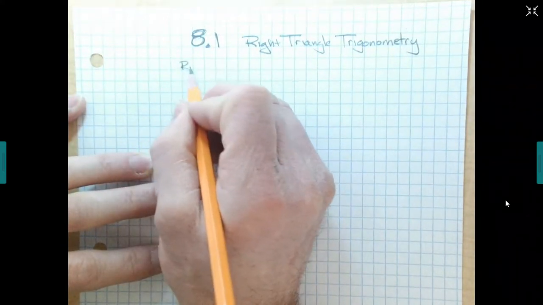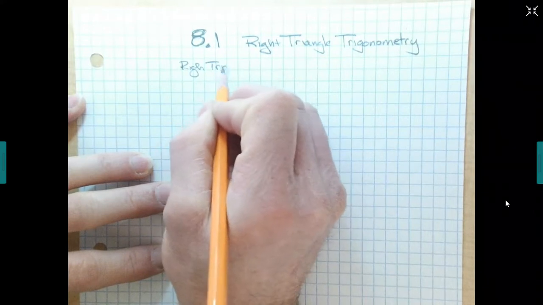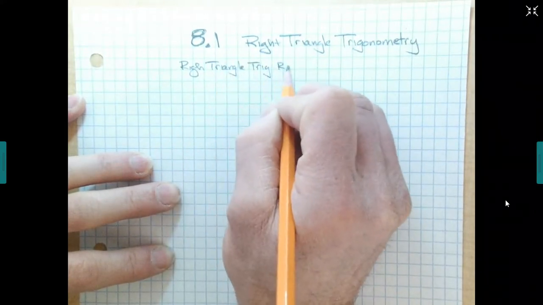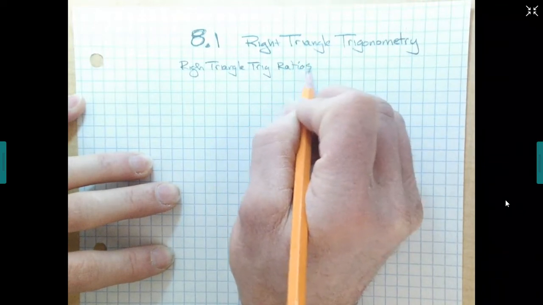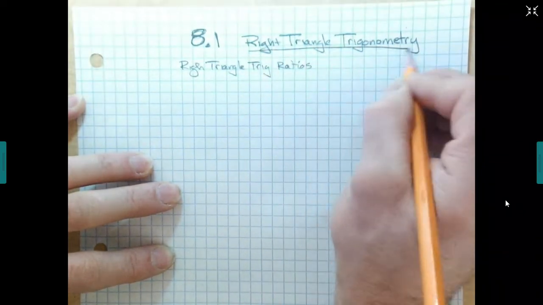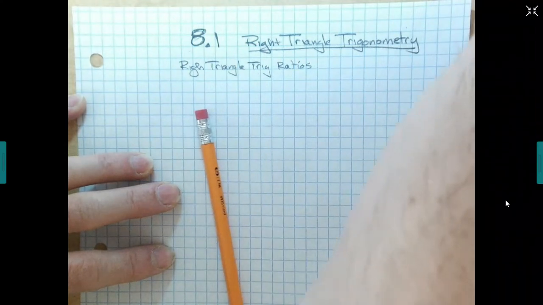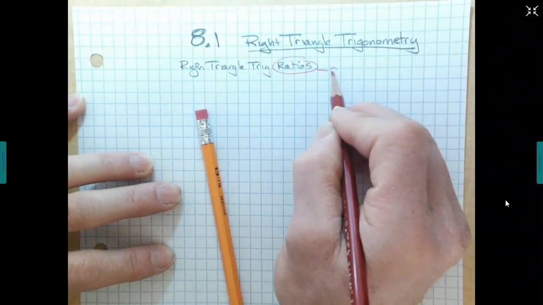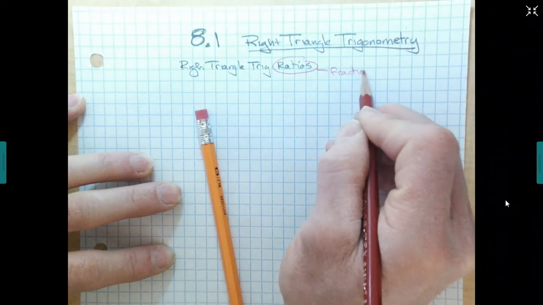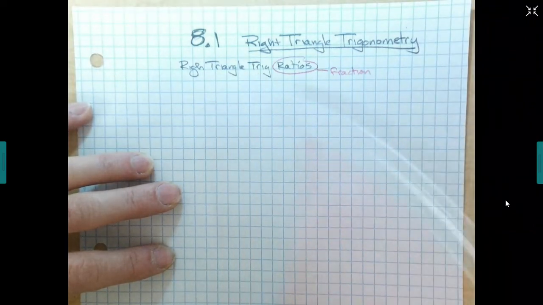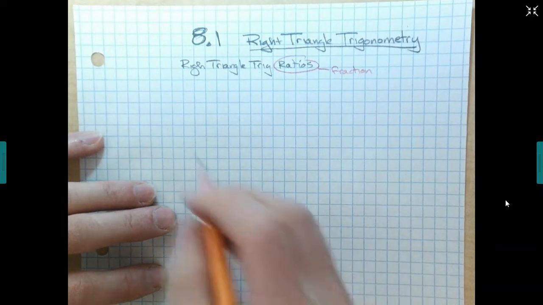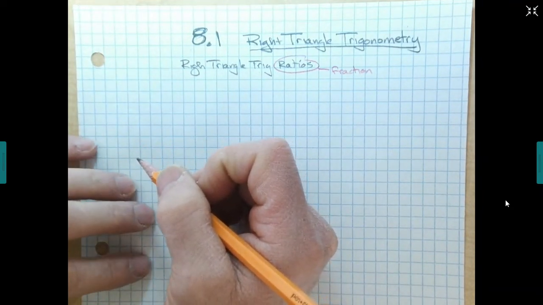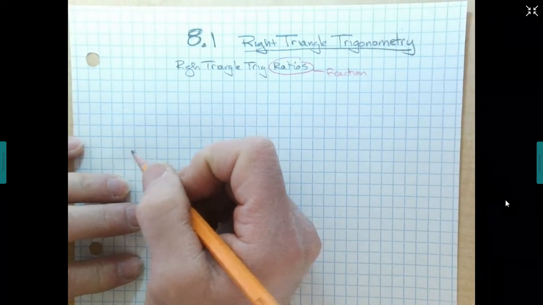So we are doing right triangle trig ratios, and ratio is just a fancy word for fraction. What we're going to do is define 6 trig ratios and see how to use them, and then we're going to use them.